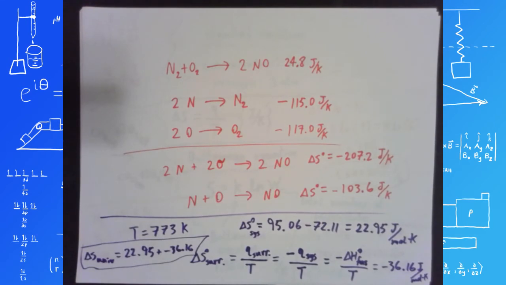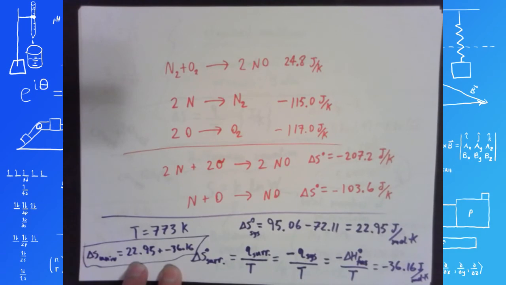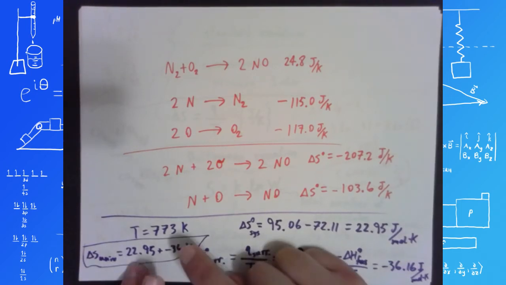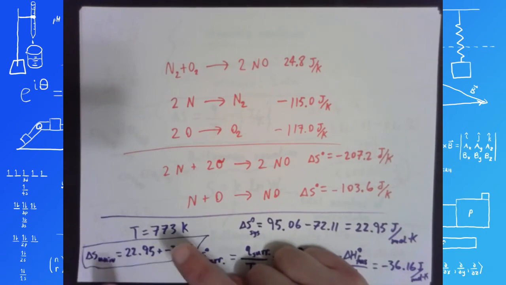There must be some additional process being used that generates energy, a spontaneous process, and the delta S for that process must be big enough that it generates a delta S that's positive enough to completely cancel out, if not overcome, the negative delta S universe that we have here.